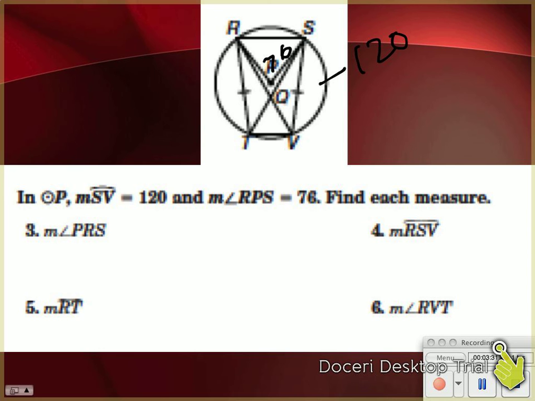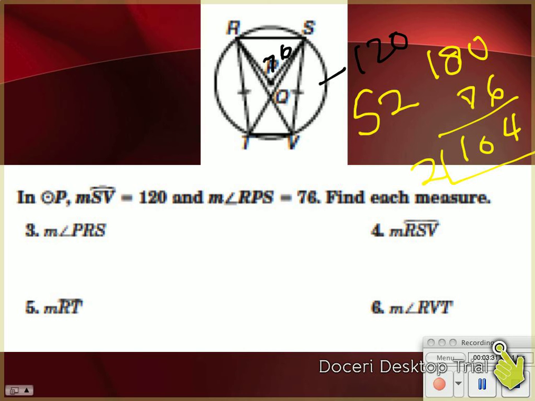So problem number 3, what is the measure of angle PRS? That's going to be 52. Now, looking at the measure of arc RSV, this is RSV here. I know that the measure of SV is 120.